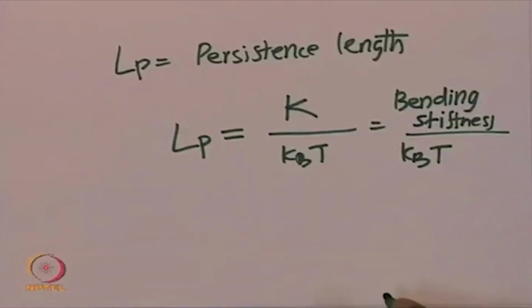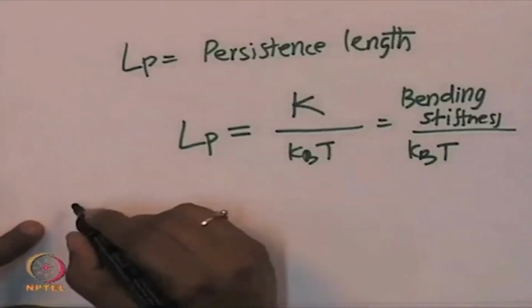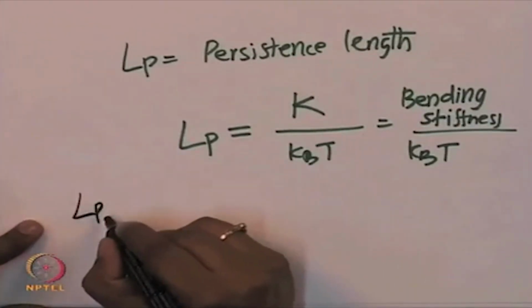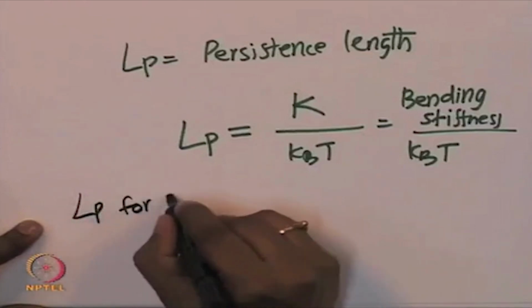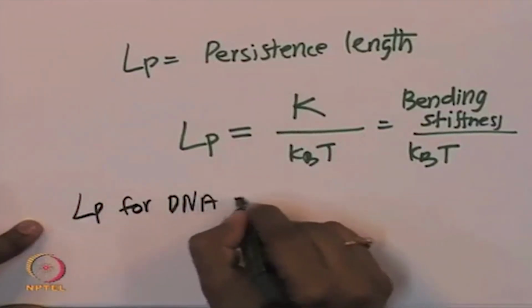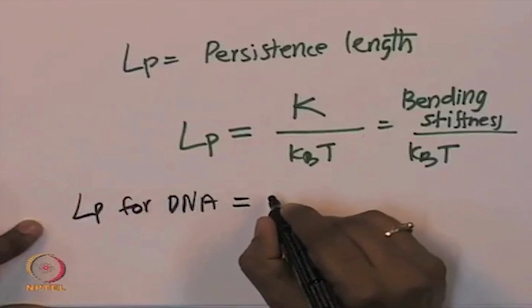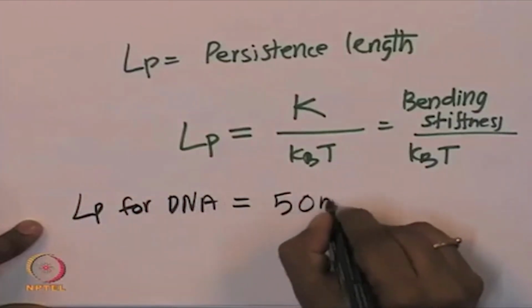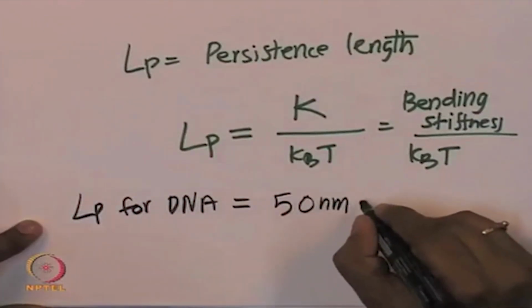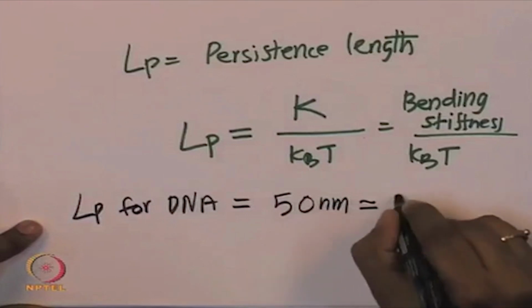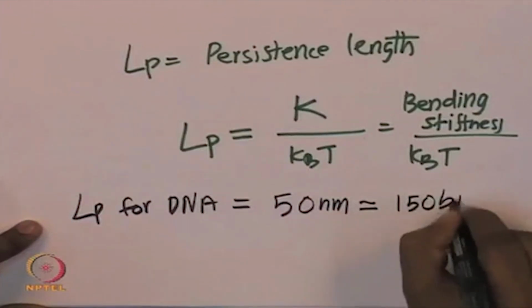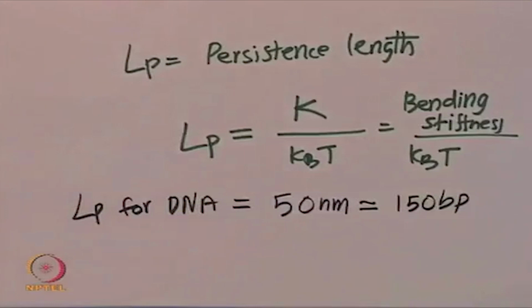It turns out that this L p for DNA is 50 nanometer, or 150 base pair. What does that mean?